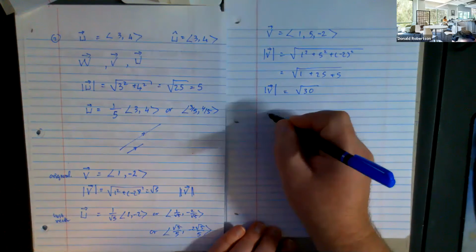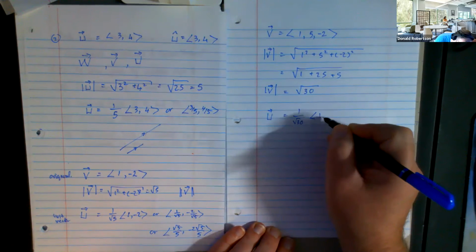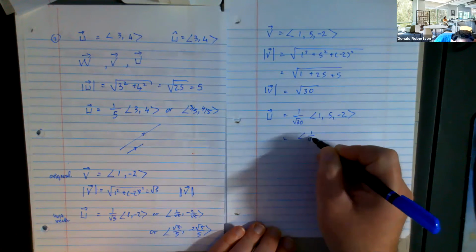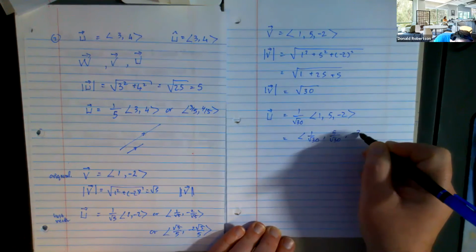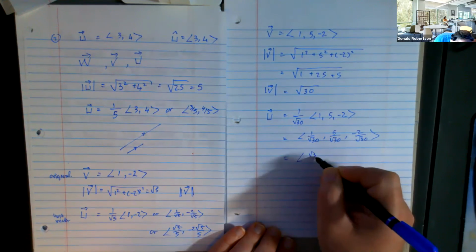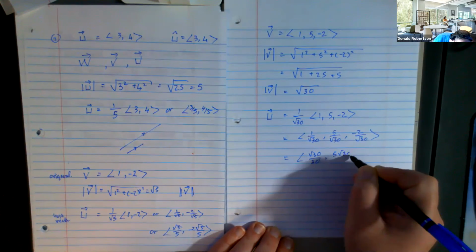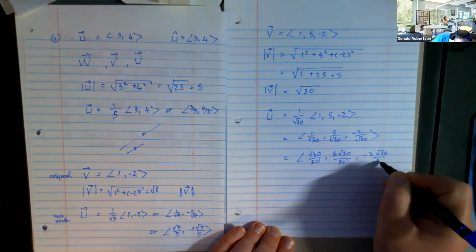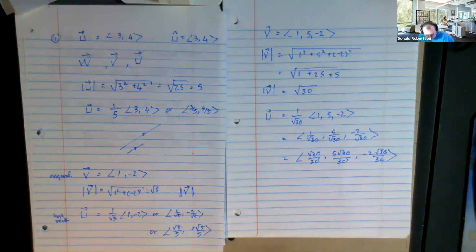And so the unit vector is 1 over that, which is now going to become this guy, which is now going to become... Do you think I'm finished?